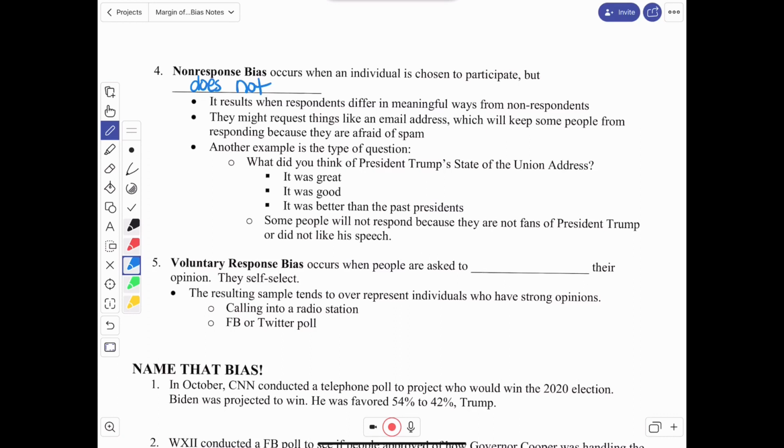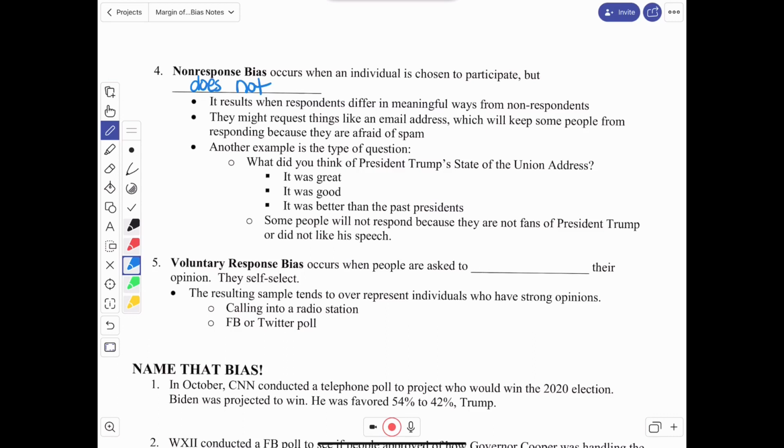So they might request things like an email address, which will keep some people from responding because they're afraid of spam. So if you've ever done the little surveys or fun little quizzes on Facebook or Twitter, like, which Harry Potter character are you? And then it's like, enter your email address to get your result. Well, then you're not going to do it because you don't want to get all these spam emails.